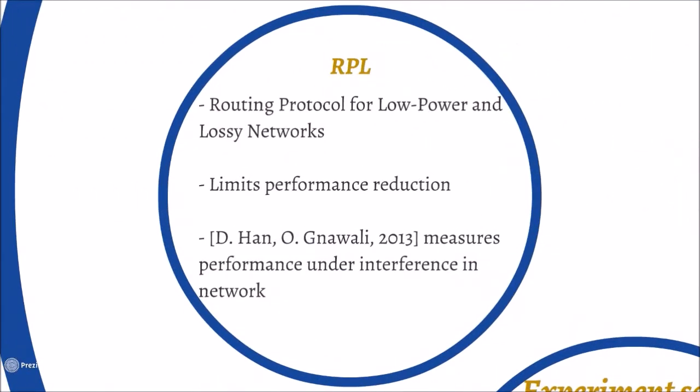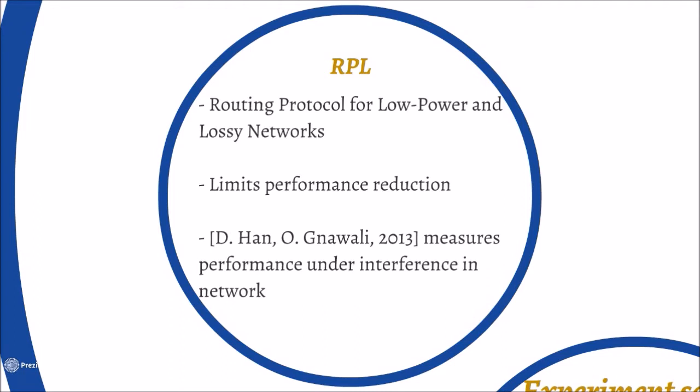RPL is a routing protocol for low power and lossy networks based on IPv6 and standardized by the IETF, or the Internet Engineering Task Force. It is designed for wireless networks such as sensor networks and for smart homes and offices that use mainly low power devices.